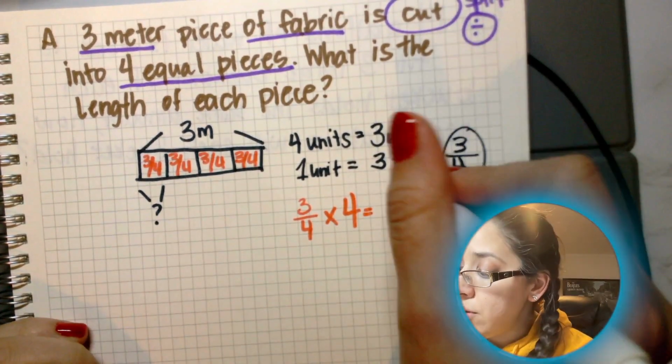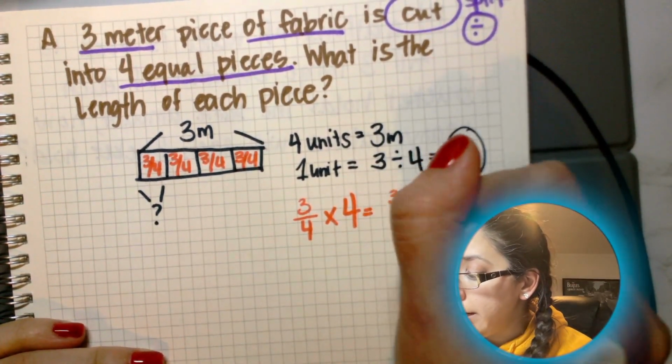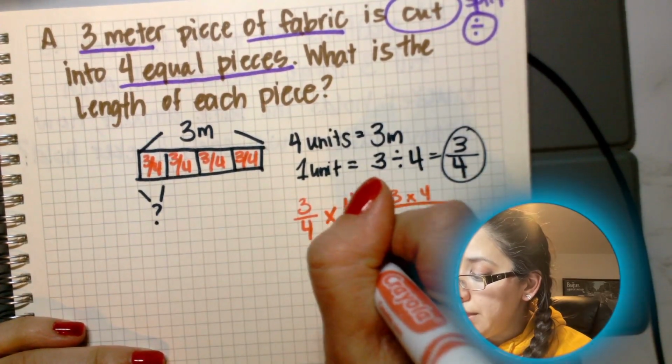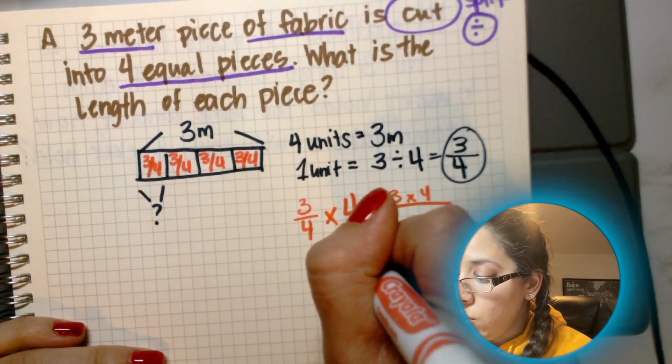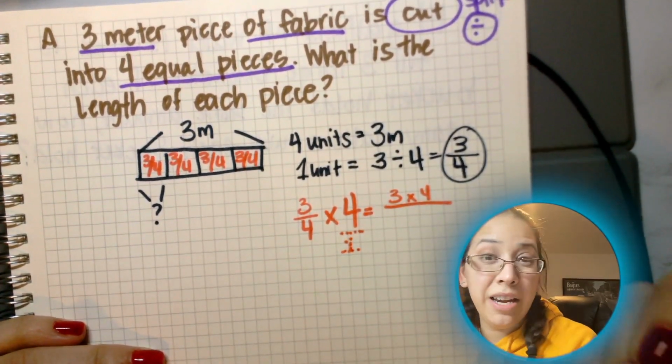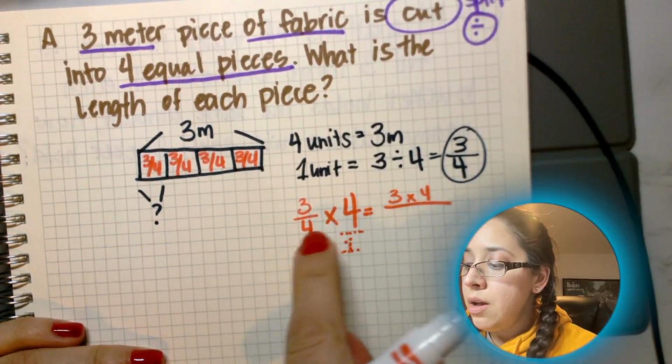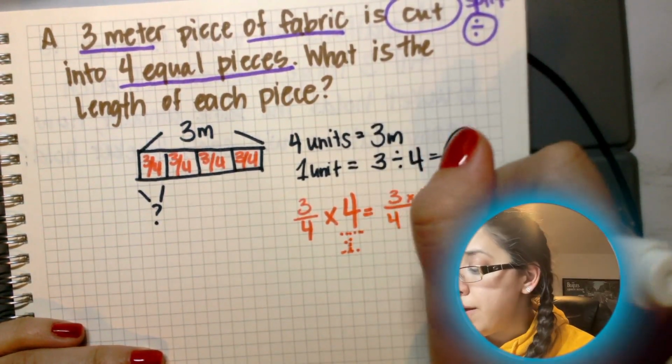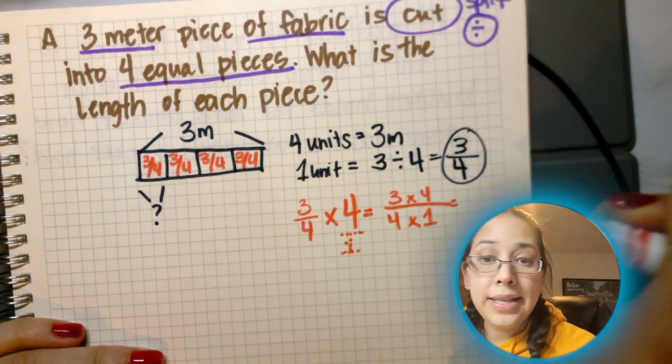Okay, so when I multiply that out, I'm going to say 3 times 4. There's an invisible 1 here. That's what I like to say, an invisible 1. So then I technically on the bottom, I'm multiplying 4 times 1.